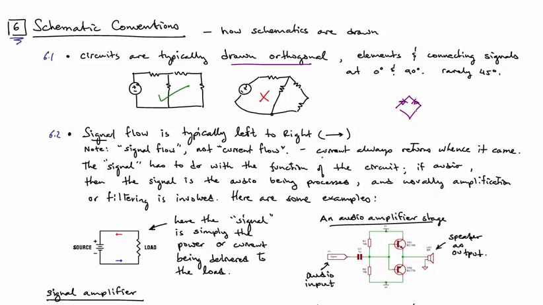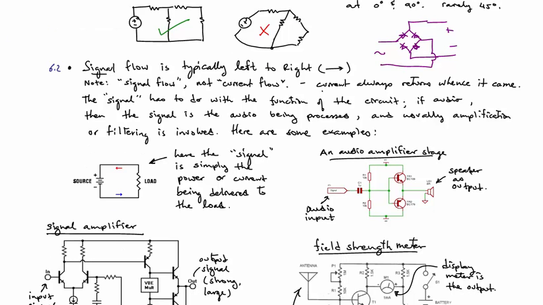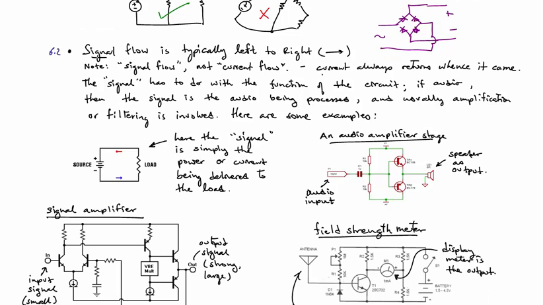An example of that might be a 4-diode bridge rectifier circuit that might be drawn something like this. And so, as a whole, circuits will be drawn at right angles to each other, but sometimes 45 degrees is acceptable.